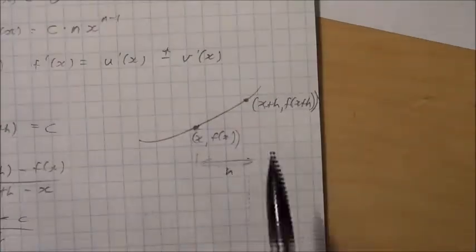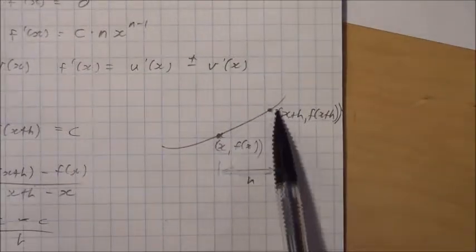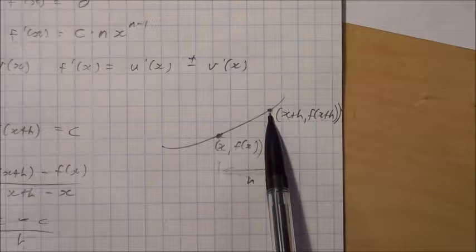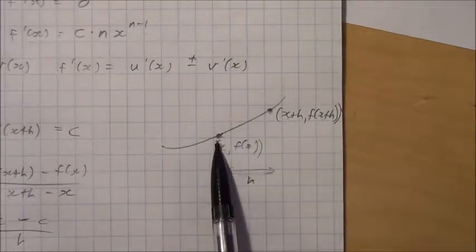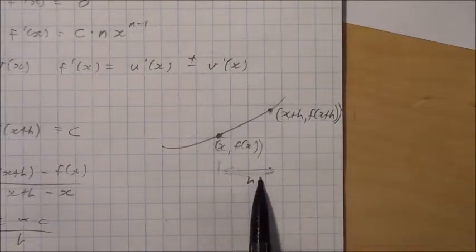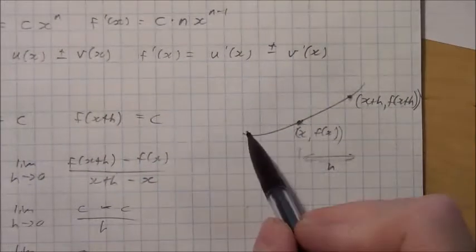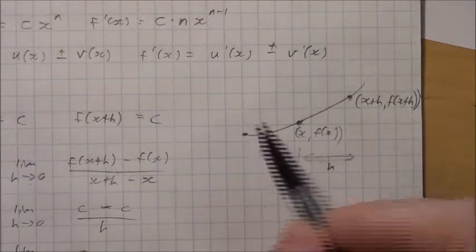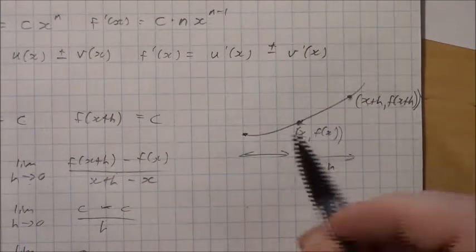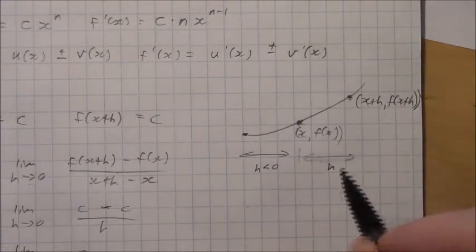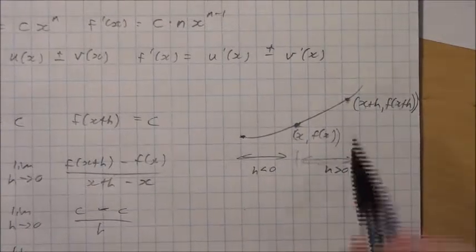Now, if I take this case where h is to the right, or the second point is to the right of this point, then that means h is positive. If I were approaching from this other side over here, then in this case, h is going to be less than 0. And over here, h is greater than 0.